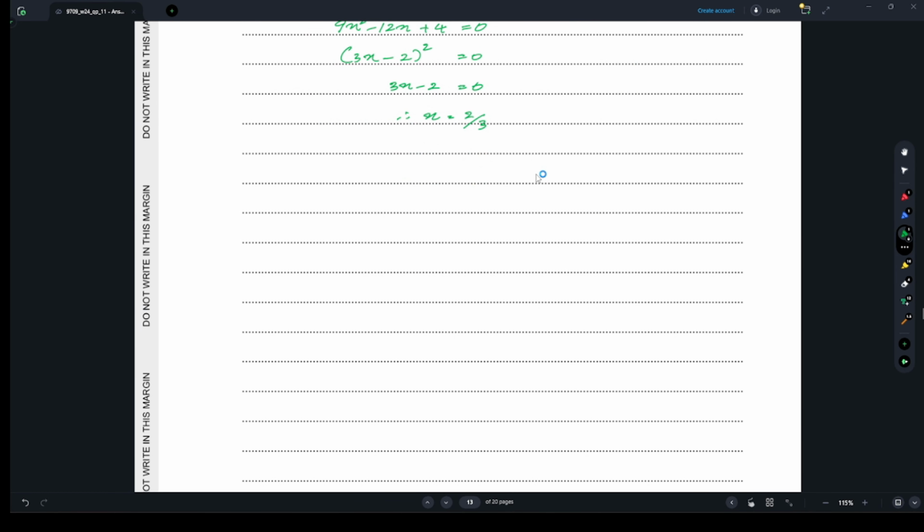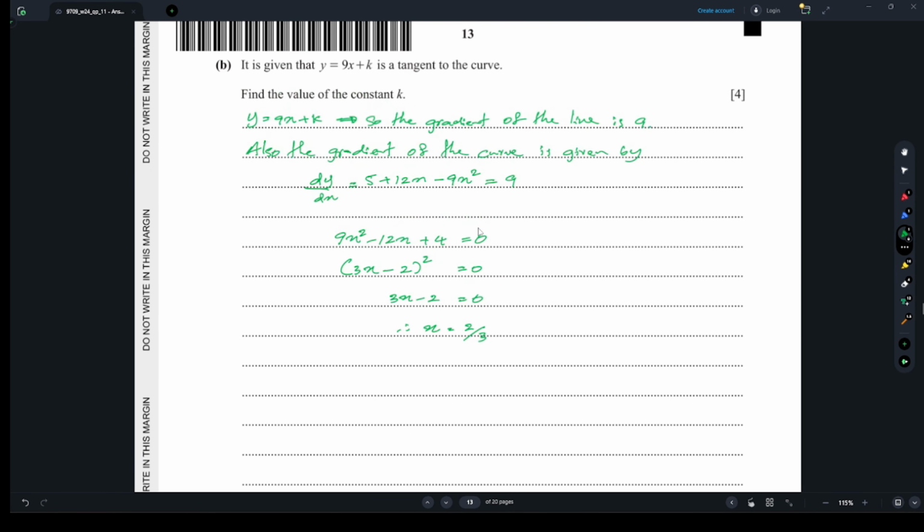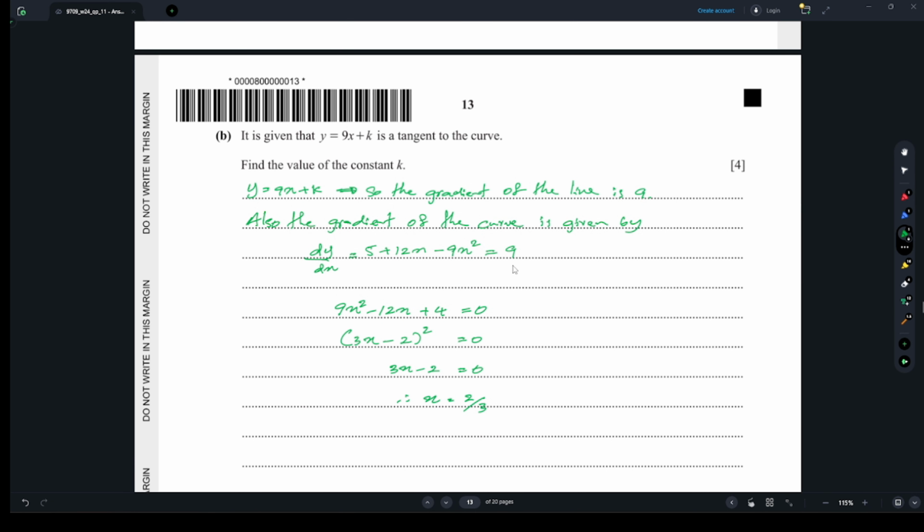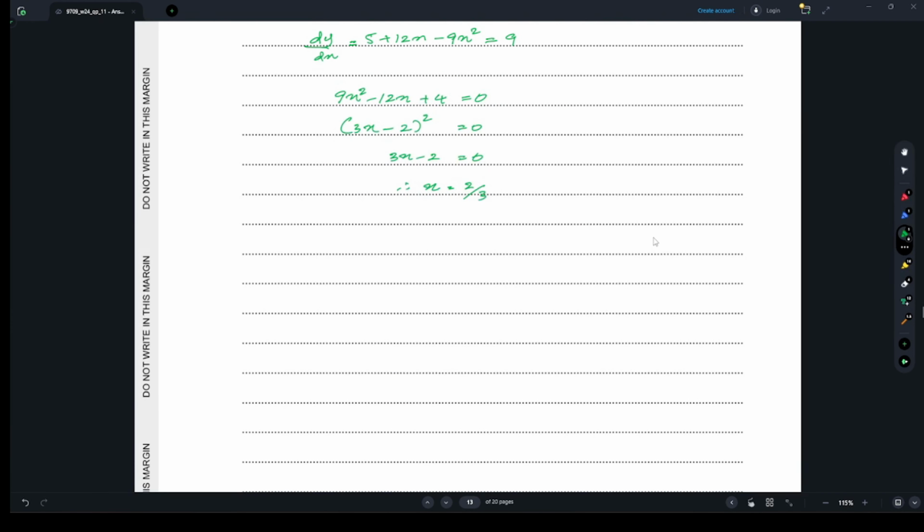Okay. Now we know the x value of the tangent line, which gives the gradient 9, right? Okay, so as an example, how can I do that?